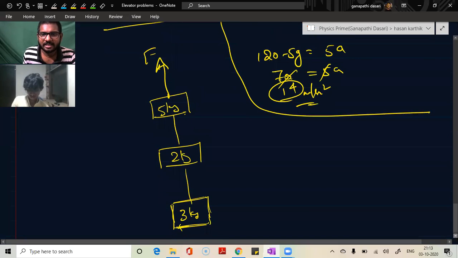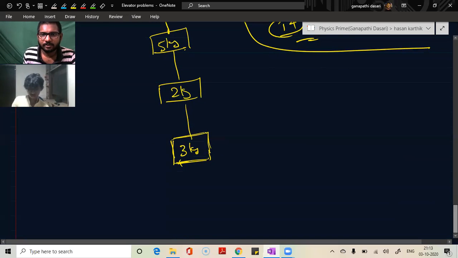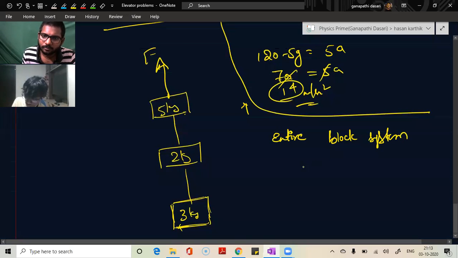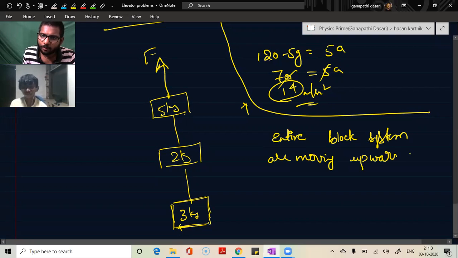The question is asked: the entire system, entire these blocks are moving upwards with constant velocity, okay?